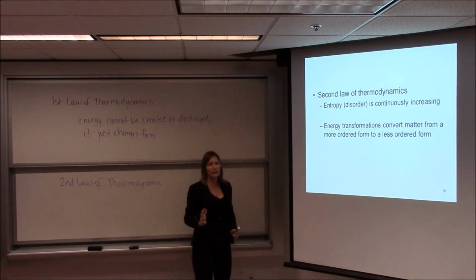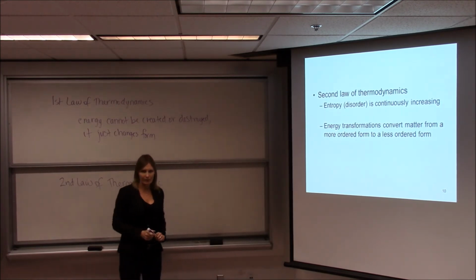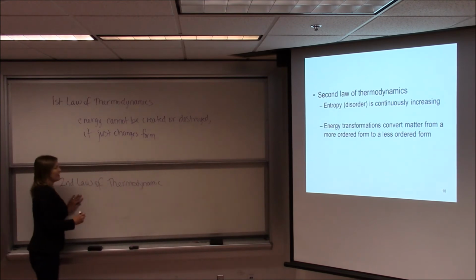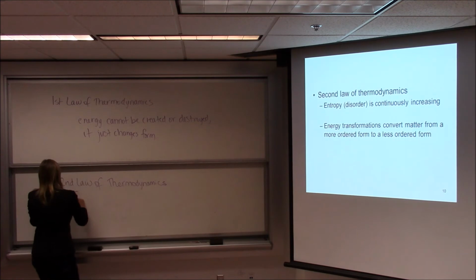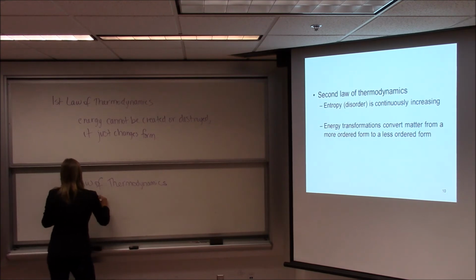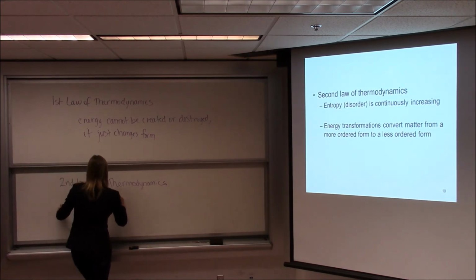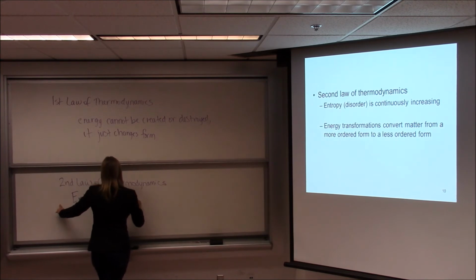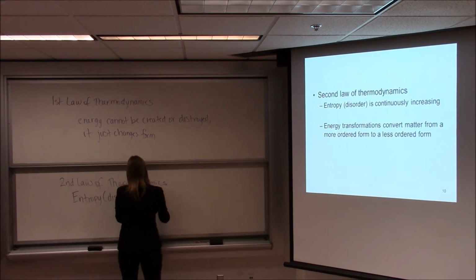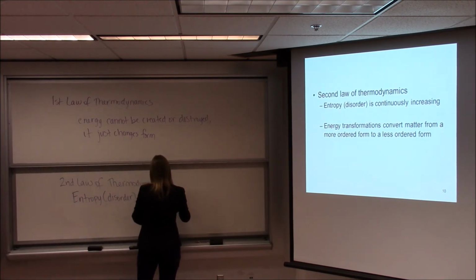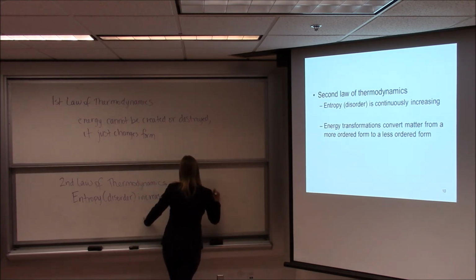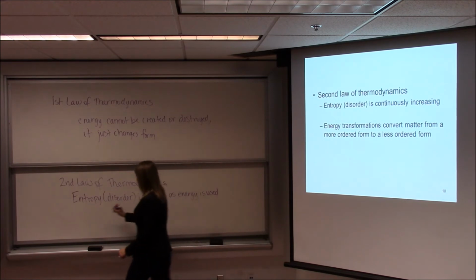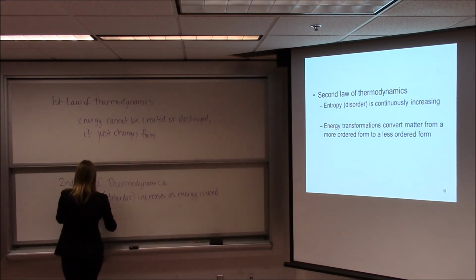That disorder is called entropy. So really what the second law of thermodynamics is saying is entropy increases. Entropy is disorder. Entropy increases as energy is used. It's going to change from an orderly form to a disorderly form.